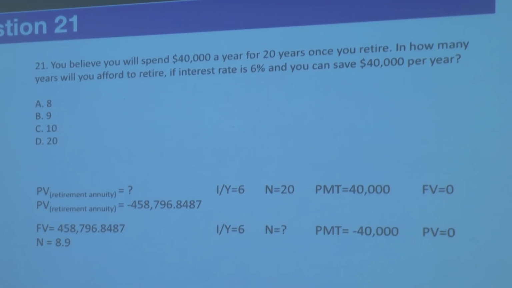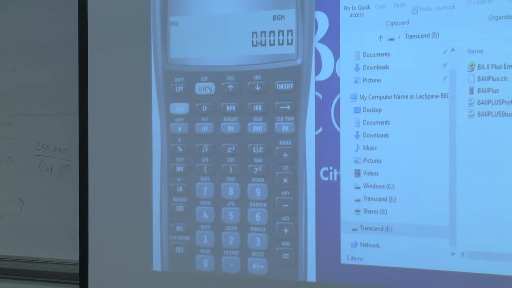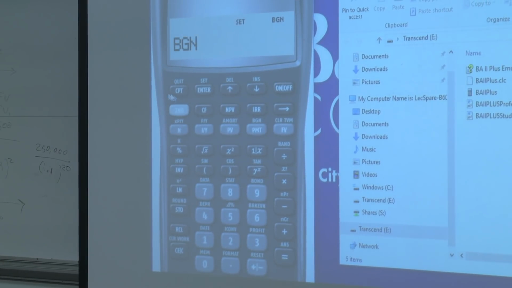So take the calculator, put it back to end, and you have 6% is the interest rate, 20 is the number of years that you want to receive the payments, $40,000 is the payment you want to receive, and you want to compute the future value.